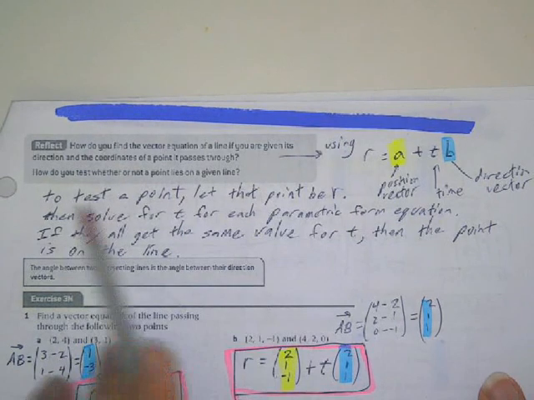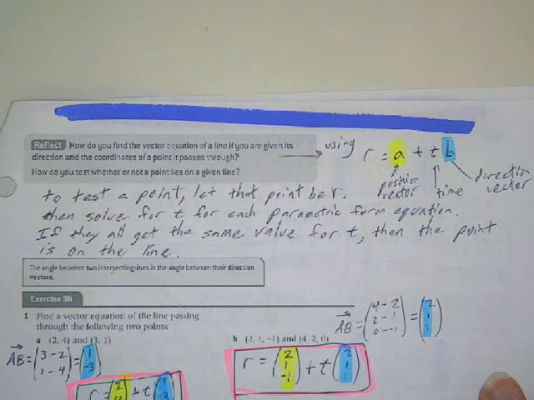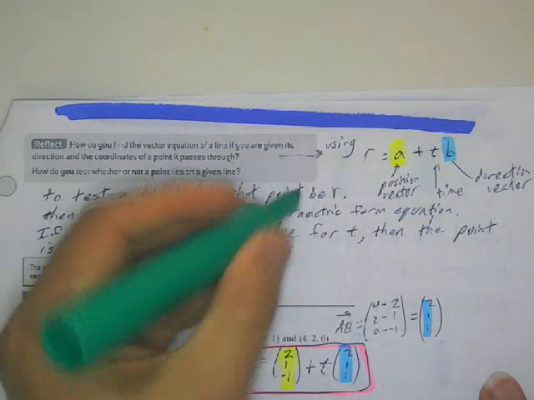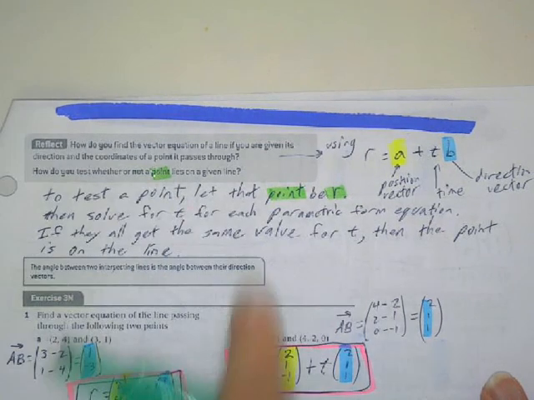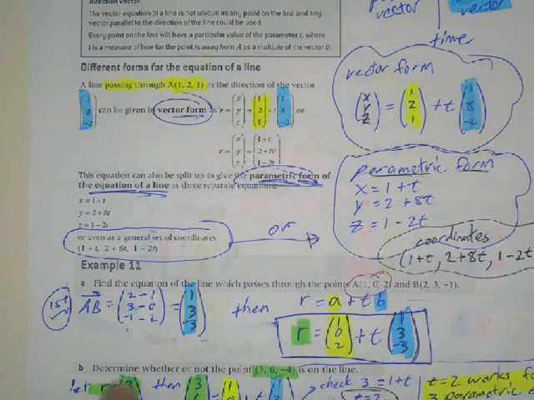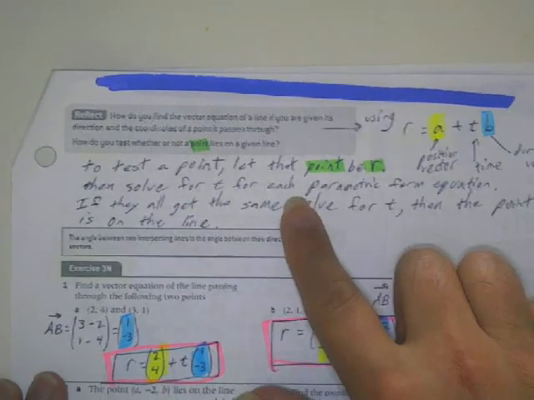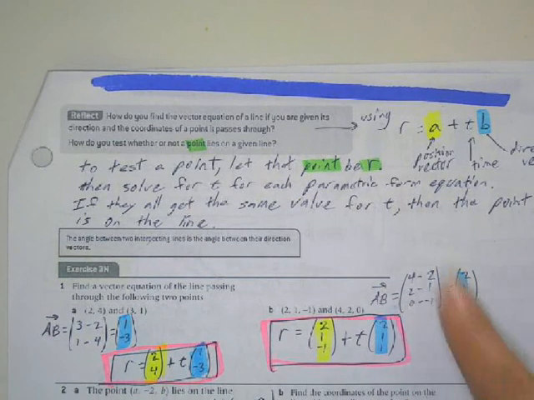So to test if a point lies on a given line, we let R be that point, just like we did on the previous example. So we figure out what that point is, and we plug that in for R. In this previous example, we plugged in 3, 6, and -4 for R. Then we solve for T in the parametric form, and then see if T was the same for all parts.